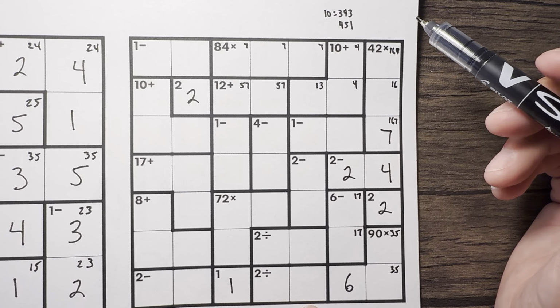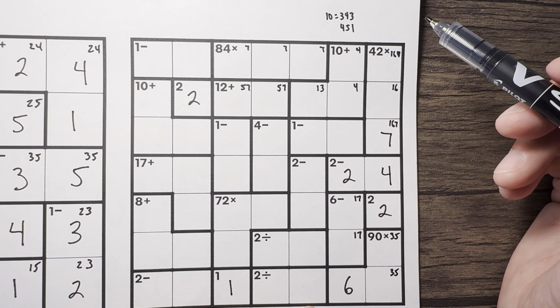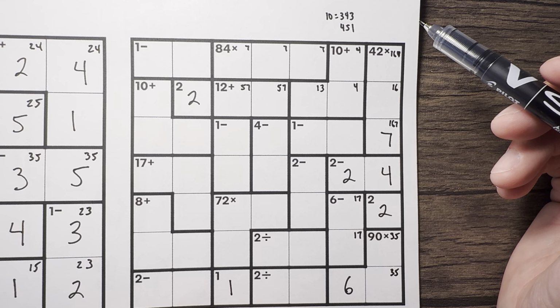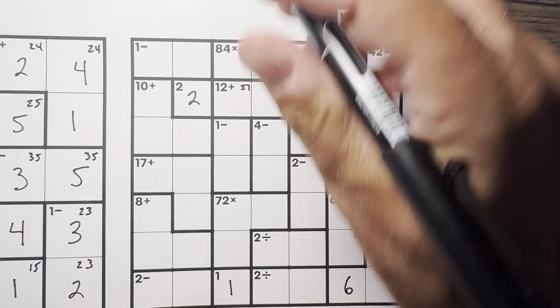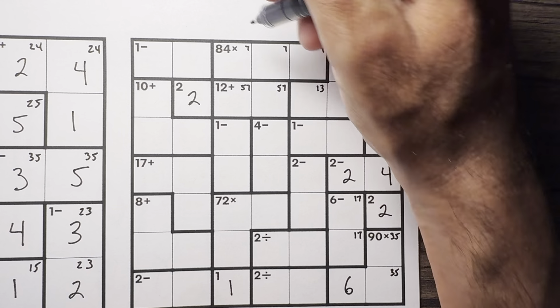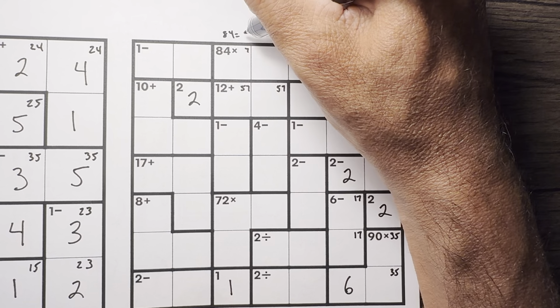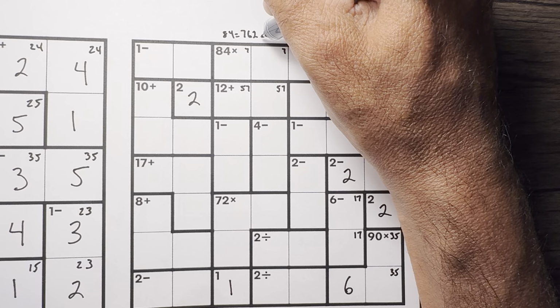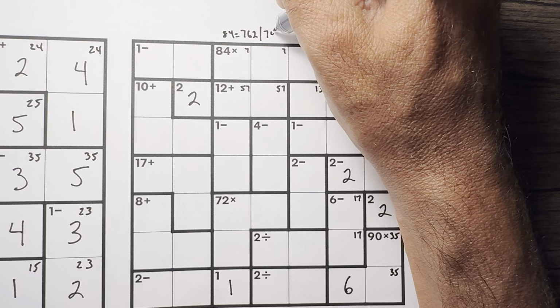Do we have anything here? This 84. What did I say? 7 times 12? 84 is 7, 6, 2 or 7, 4, 3.